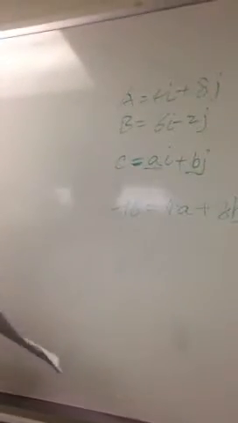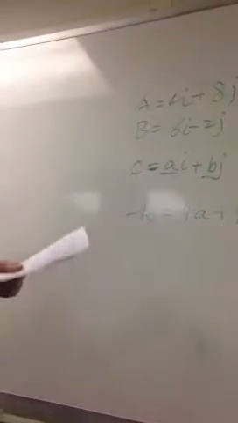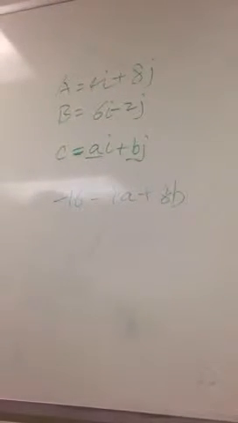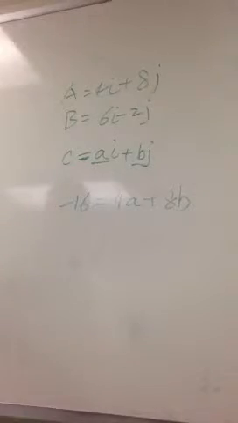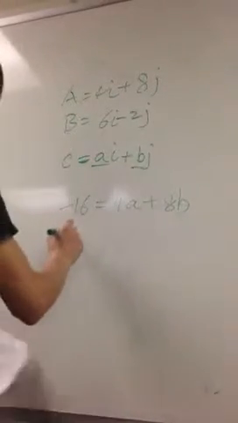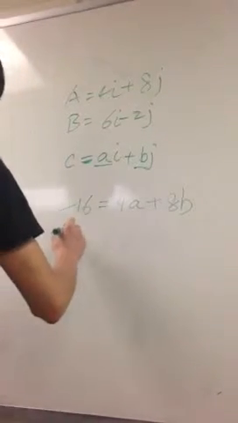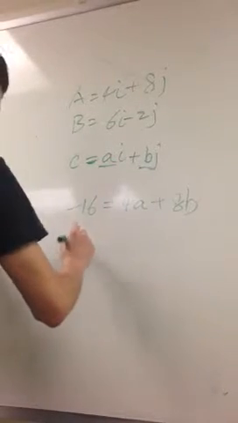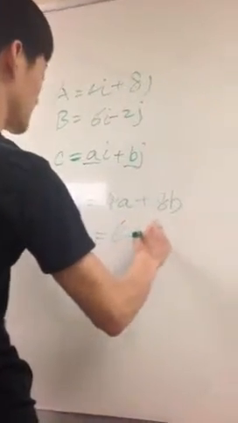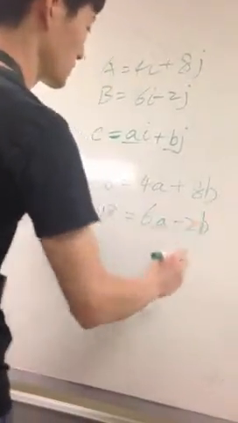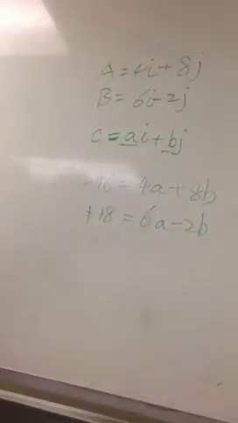And you have negative 16 because in the question, it gives you the product of A and C is negative 16. And B and C is positive 18. So it's 6A minus 2B. Right?